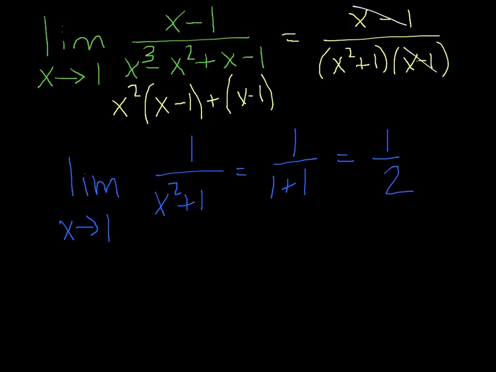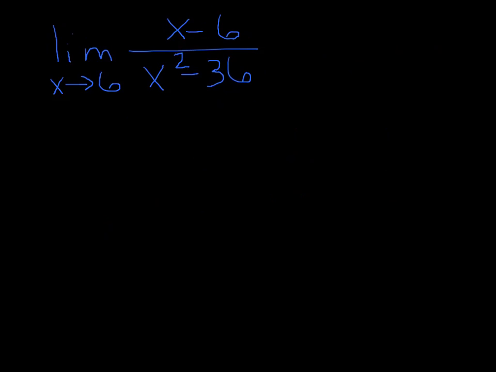Okay? If I were to evaluate at the beginning for the 1, I would end up with that indeterminate form again, a 0 over 0. So we have to make sure that we simplify and divide out those common factors before we try to evaluate the limits. Okay, so try this one.